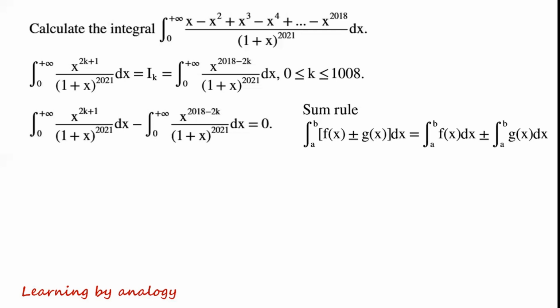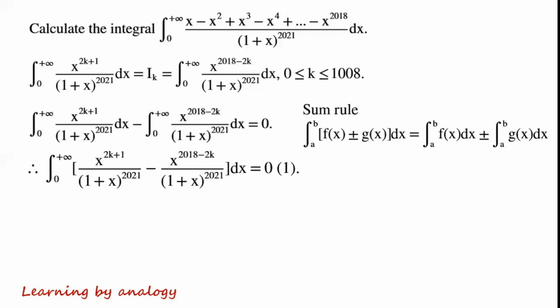By applying the sum rule, we have the integral over the interval from 0 to positive infinity of x to the power of 2k plus 1 over 1 plus x, all to the power of 2021, minus x to the power of 2018 minus 2k over 1 plus x, all to the power of 2021 with respect to x equals 0.